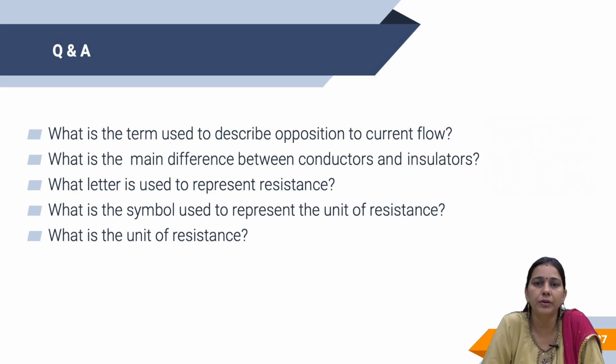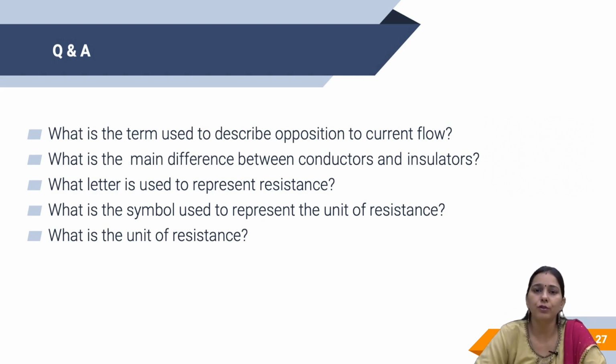Let's stop here for a quick revision and reflection of what we have studied till now. What is the term used to describe opposition to current flow? I hope you all know the answer, that is resistance. What is the main difference between conductors and insulators? It is the difference of resistance.